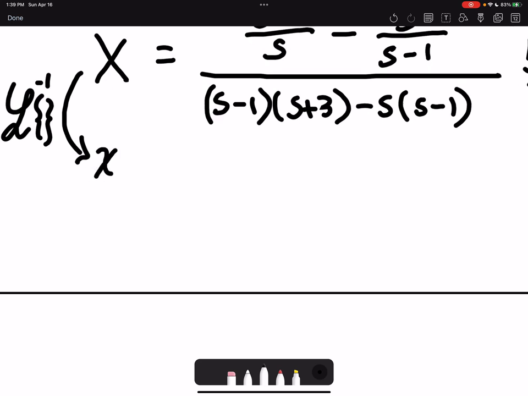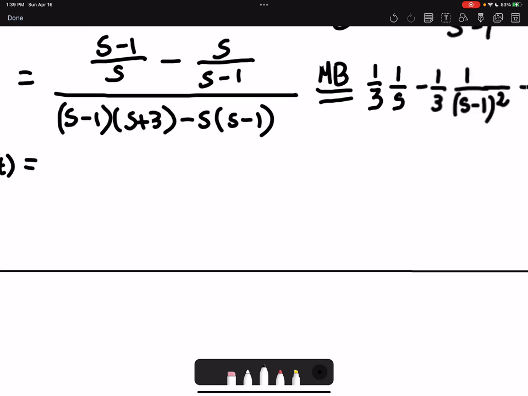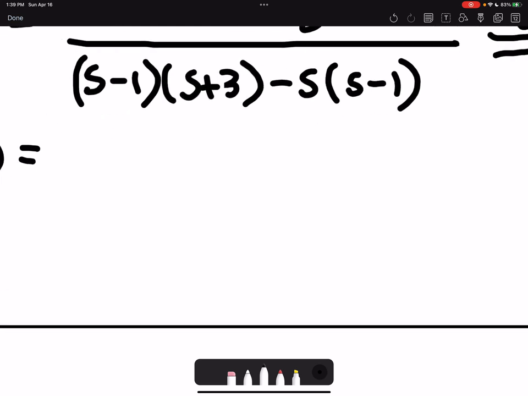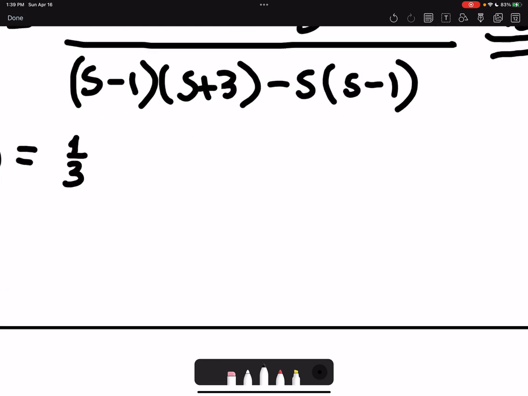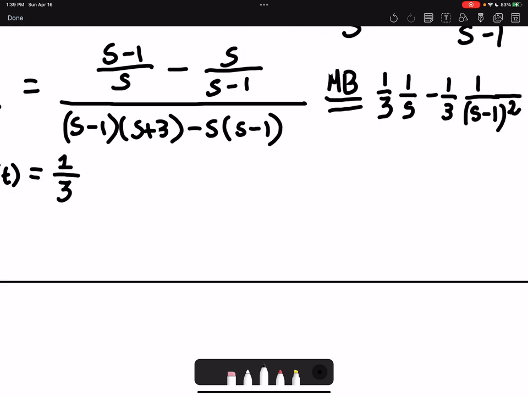We get that small x of t, we're back in the t domain. Now we're going to look over here. What is the Laplace inverse of 1 over S? It's 1. So we get 1/3 multiplied by that 1, 1/3 times 1, minus 1/3. Here now, where do I get that one?